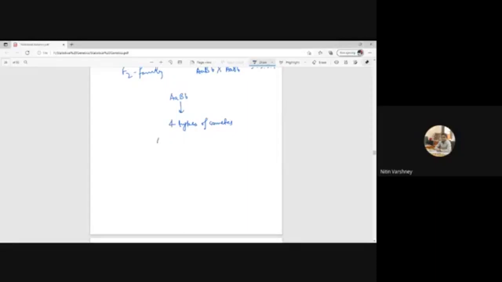Okay, and the gametes are capital AB, and so on. If there is a coupling phase, then these are the parental types. And this is the recombinant type, or new type.